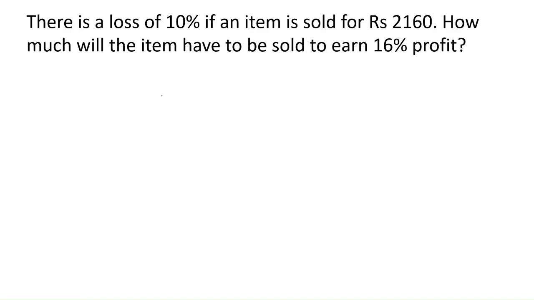Next question. There is a loss of 10% if an item is sold for Rs 2,160. How much will the item have to be sold at to earn 16% profit? There, SP is given in the question, 2,160.